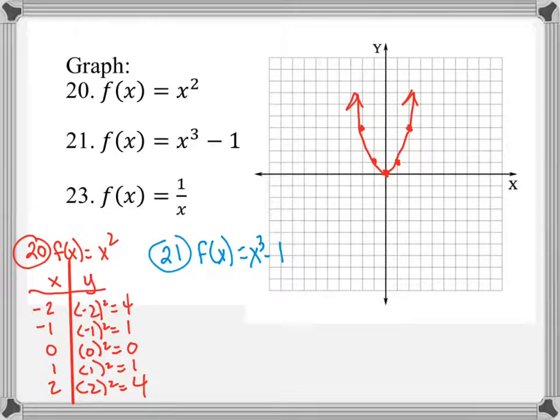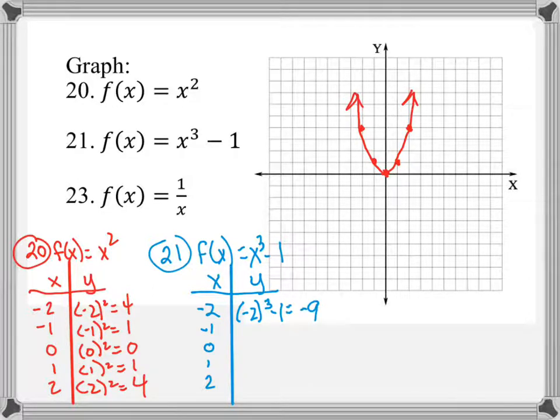Our second one, f of x equals x cubed minus 1, is a cubic function, and we'll have a cubic shape. If I want to choose some values, I could choose the same ones, -2, -1, 0, 1, 2. Substituting in, -2 cubed minus 1 equals -9. -1 cubed minus 1 is equal to -2. 0 cubed minus 1 equals -1. 1 cubed minus 1 equals 0. 2 cubed minus 1 equals 7.